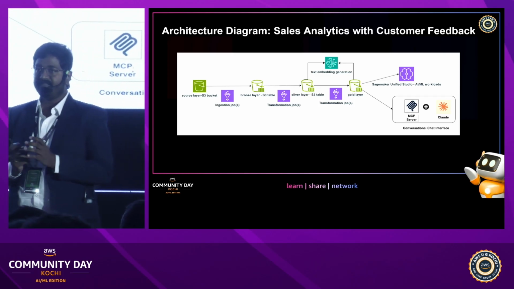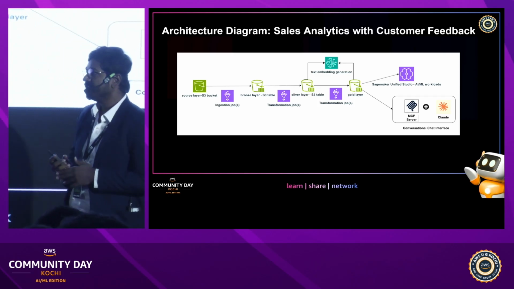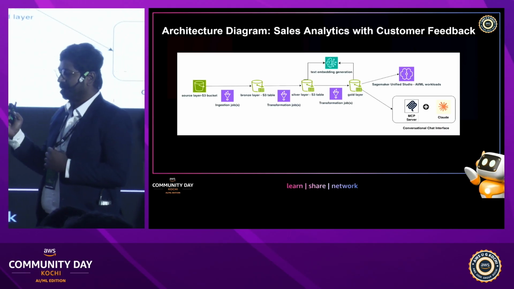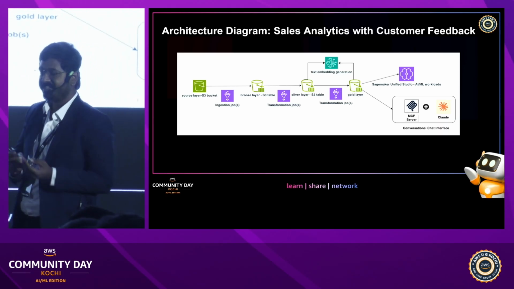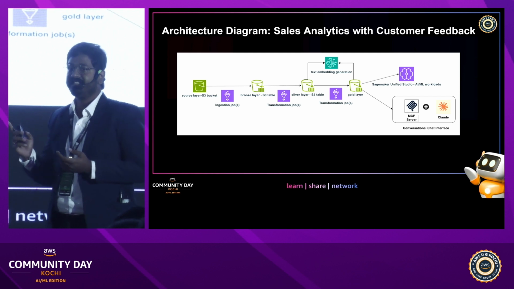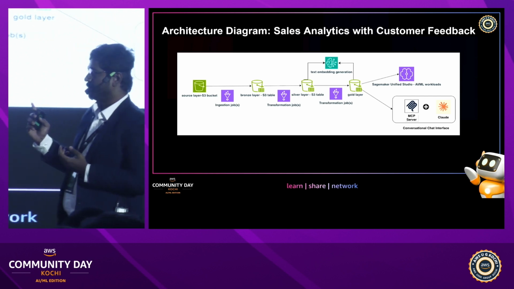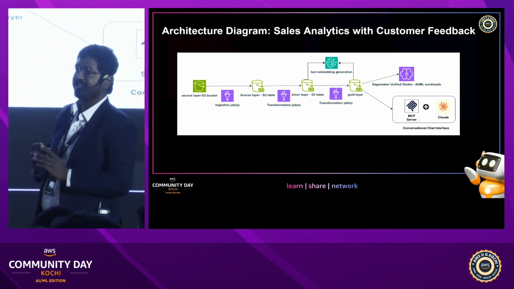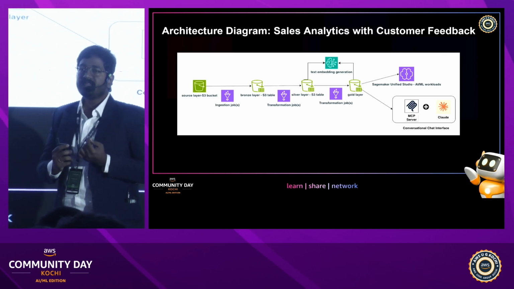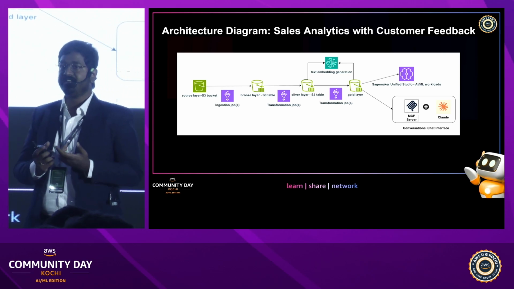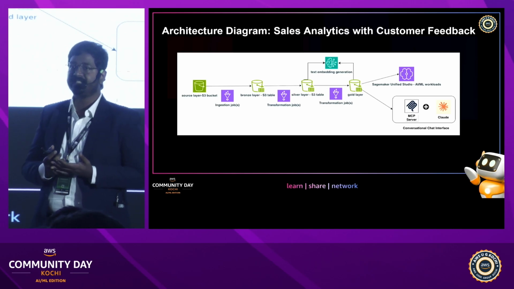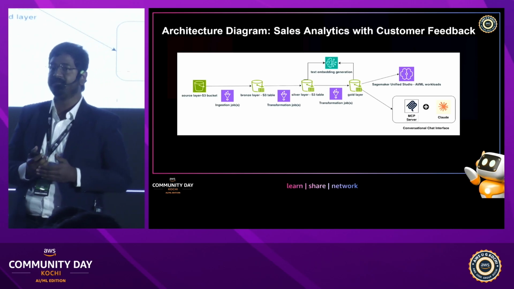Once we have the data in the landing zone, we are going to perform data transformation or data movement between the bronze, silver, and gold layers accordingly. When we speak about moving the data or transformation, in the AWS ecosystem we will mostly be using a service called AWS Glue.